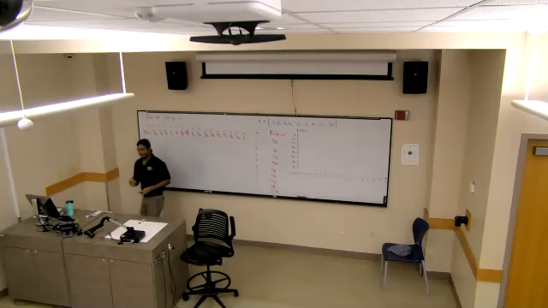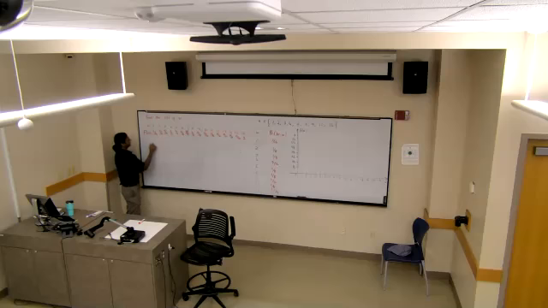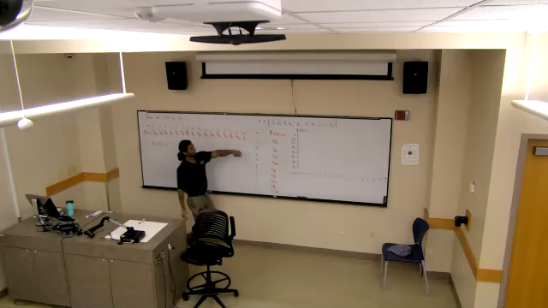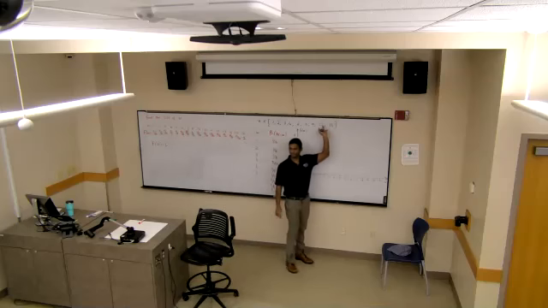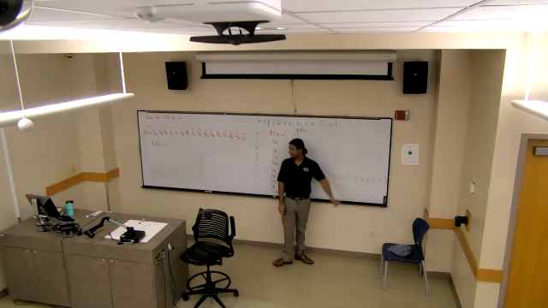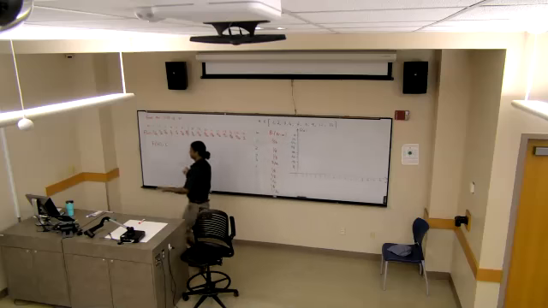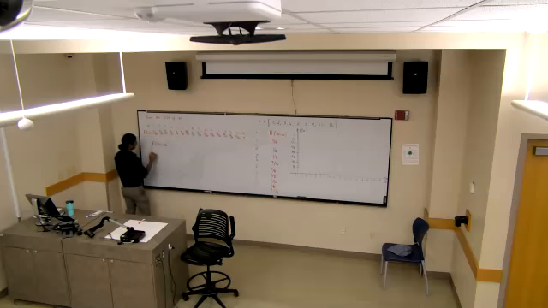Now, does it make sense that f of 16 is 1? Because the maximum value that we can take is 16. So we can't go past 1.